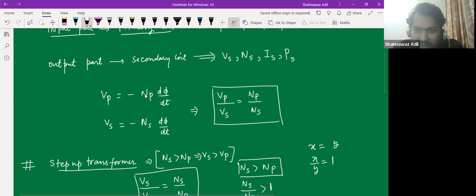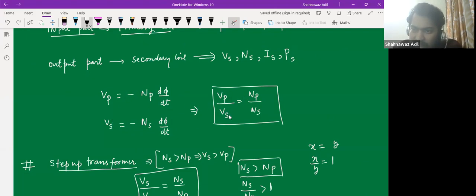From Faraday's law, the change in flux creates an EMF, and the change in flux due to the secondary coil creates the voltage in the secondary, right? If I divide these two, I'll get this.